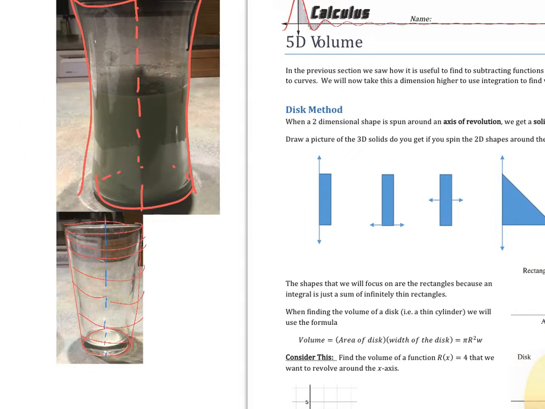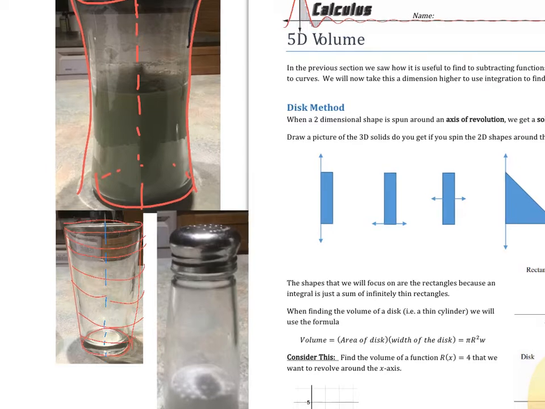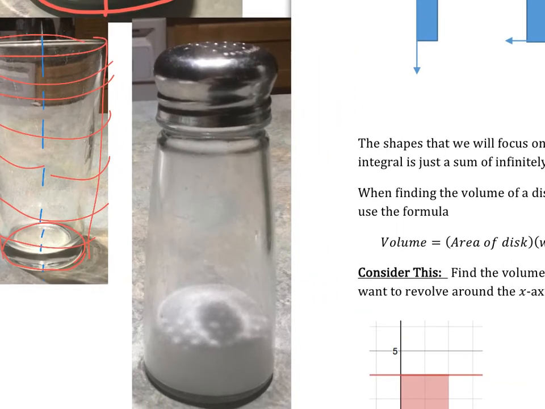And then, here's an interesting one. Here's a salt shaker. Looks like a giant salt shaker because it's zoomed in there. If we look at the edge of it here, it's not a mathematical shape. I don't think I could come up with an equation for that, like the other one was a line or a parabola.